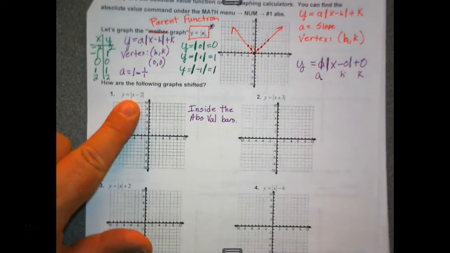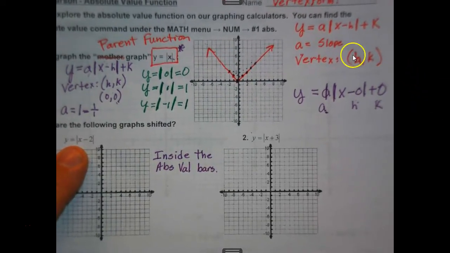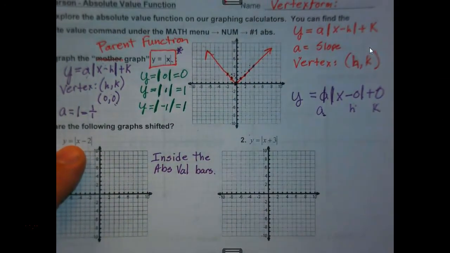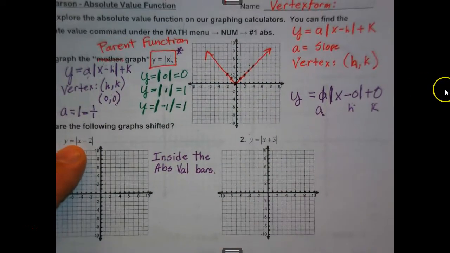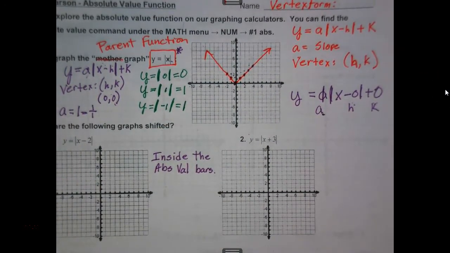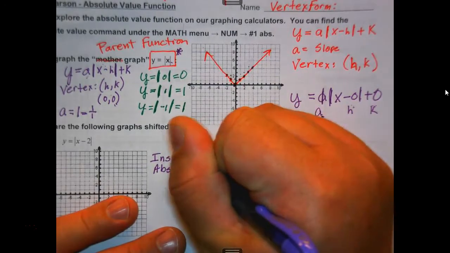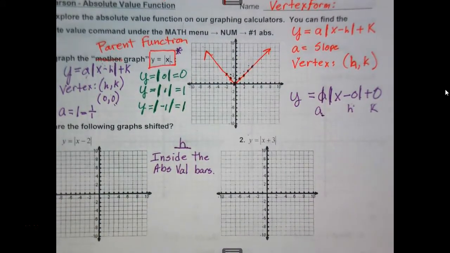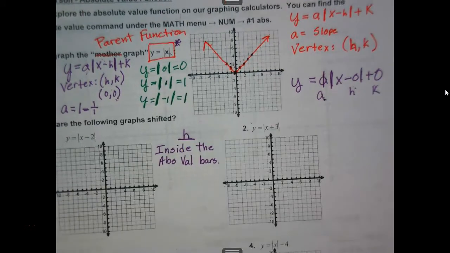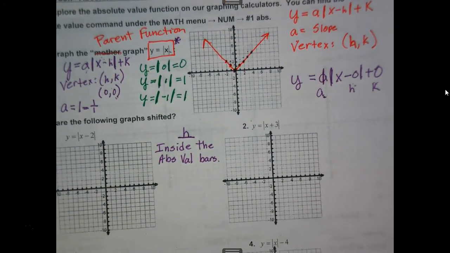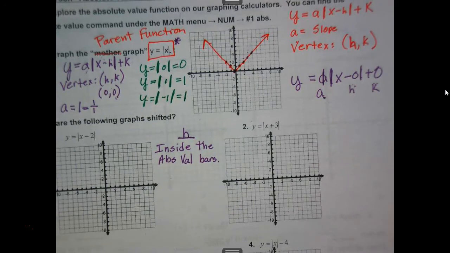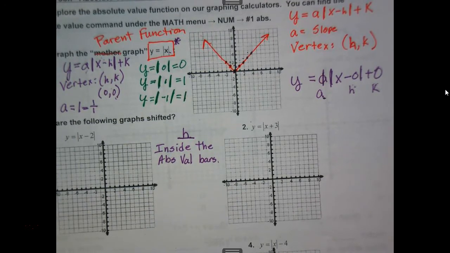Looking at your formula, if I'm inside the absolute value bars, what letter am I looking at? H, right? So we're looking at our h here. Now, when I'm looking inside the absolute value bars, it's actually going to shift our graph.